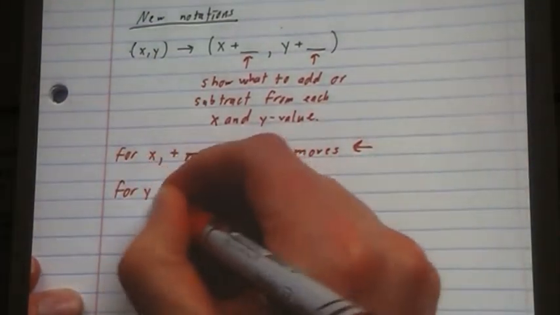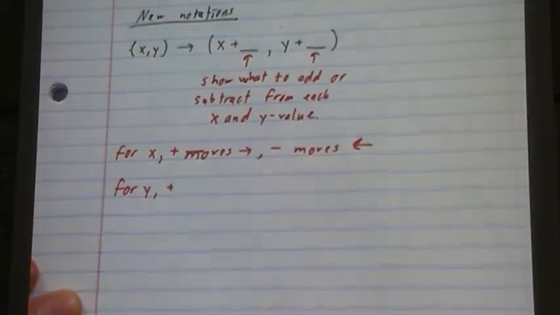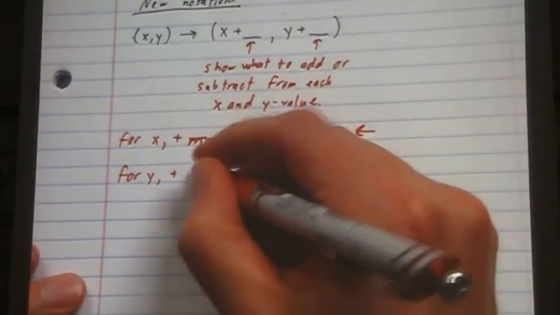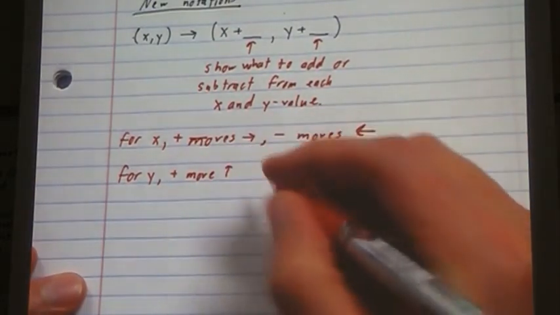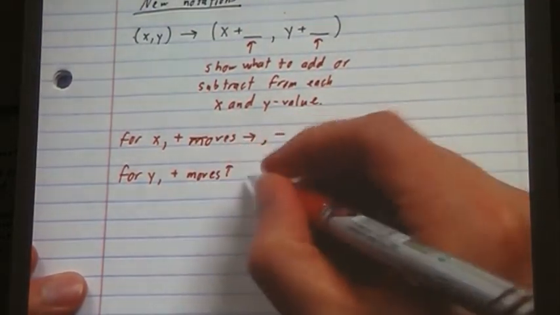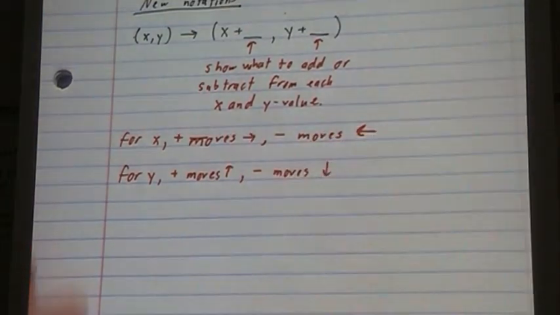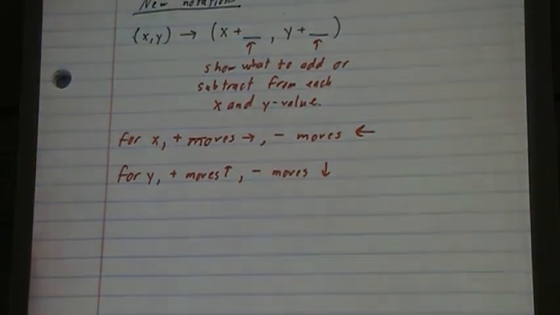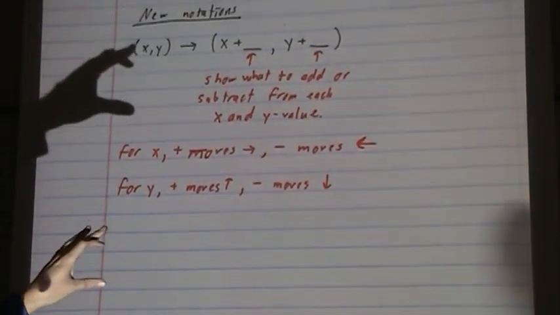And for y, a positive or a plus in that notation is going to move your point up, and a negative moves your point down. Okay, so this is one notation you might see.